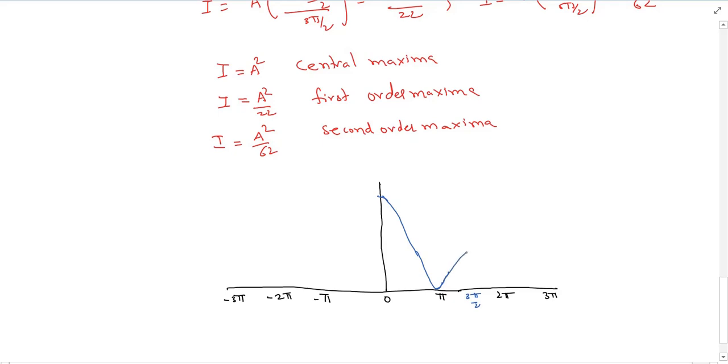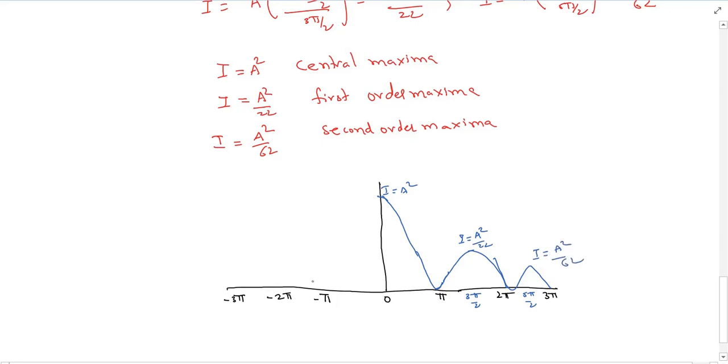At 3 pi by 2, again it is becoming secondary maxima, I equal to A squared by 22. Here I is equal to A squared, and again it is becoming minima, and between 2 pi and 3 pi we have 5 pi by 2. There the intensity is equal to A squared by 62.